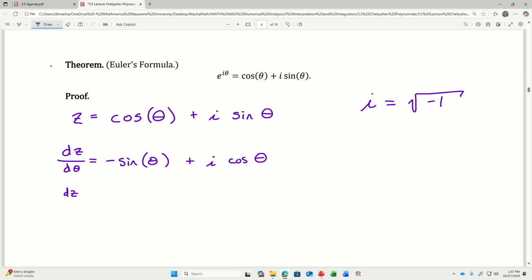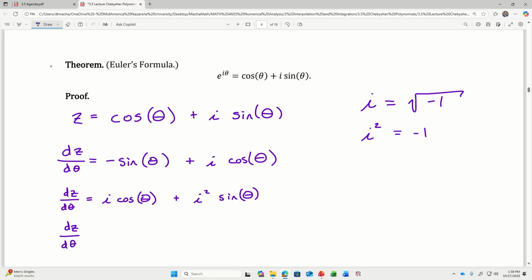So we could say that the derivative of z with respect to theta is i times cosine of theta plus i squared times sine of theta. Be consistent with my parentheses. Because what is i squared? -1. And if that's true, I could say the derivative of z with respect to theta is i times z.